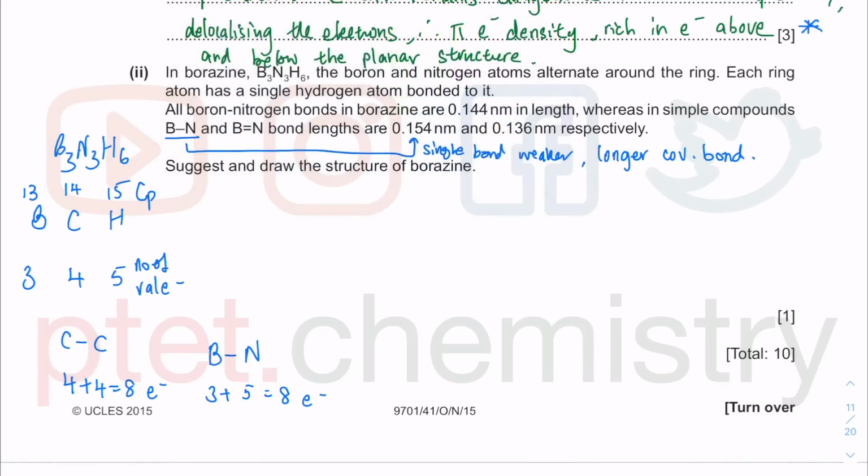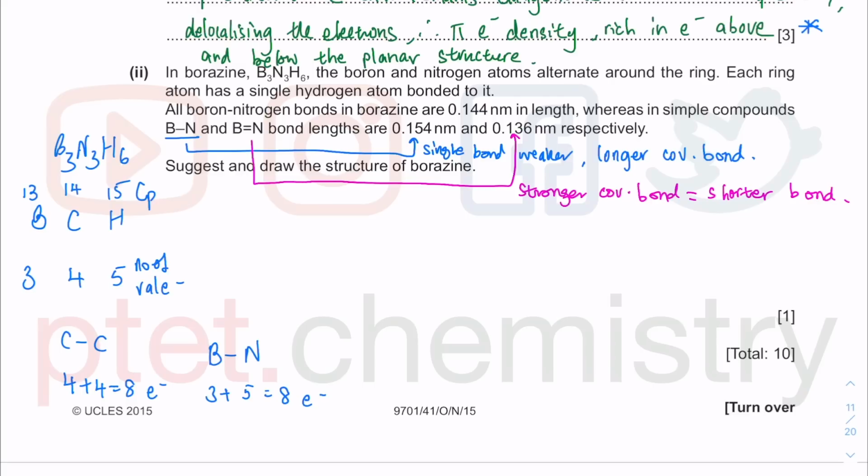Whereas the BN bond is a double bond. The double bond is going to be a stronger covalent bond. So a stronger covalent bond is actually a shorter covalent bond, because of the stronger force of attraction between the localized shared pair of electrons and the 2 nuclei. So a shorter bond there.